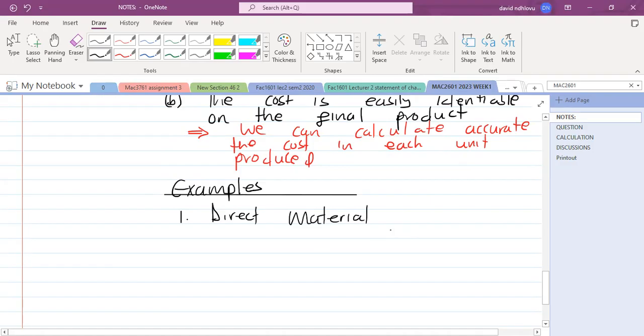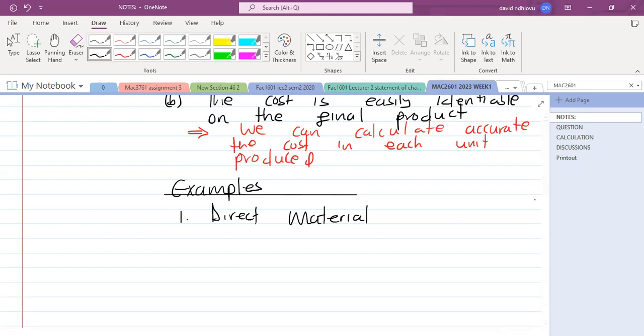When you produce a product, the material that you use on that product, when you buy the material, you buy it for a specific what?